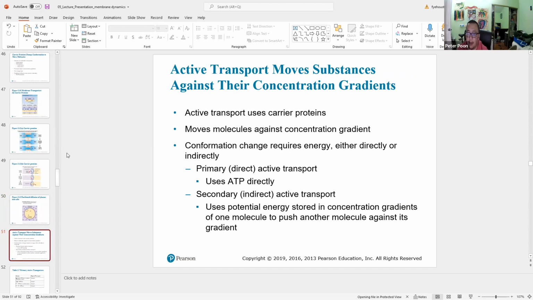Active transport moves substances against their concentration gradient. So they always use ATP somehow. They do not have to use ATP directly. Like before in other classes, we teach you that they use ATP directly. That happens a lot of the times, but not always.